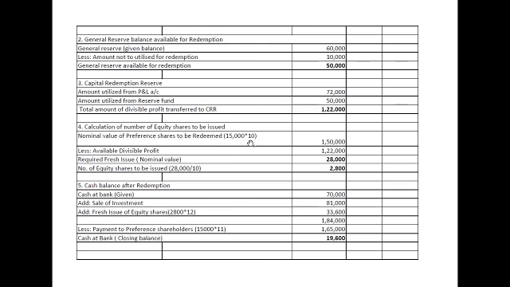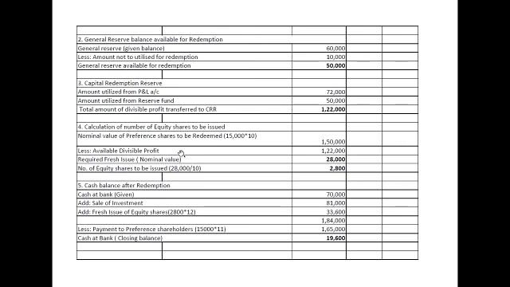So here you can't take premium and all. At face value, at nominal value you have to take. So 15,000 at 10 rupees per share. So 1,50,000 is required for redemption here.